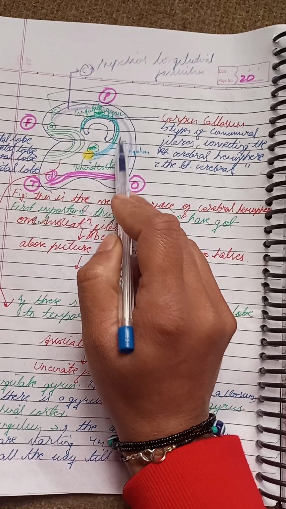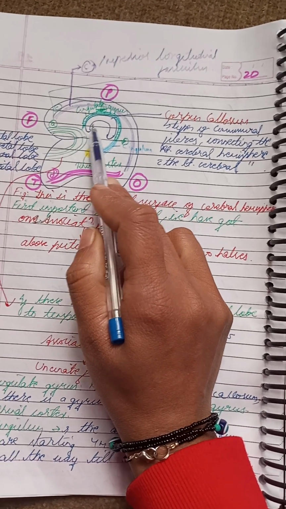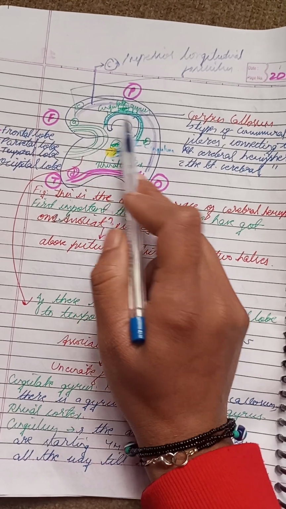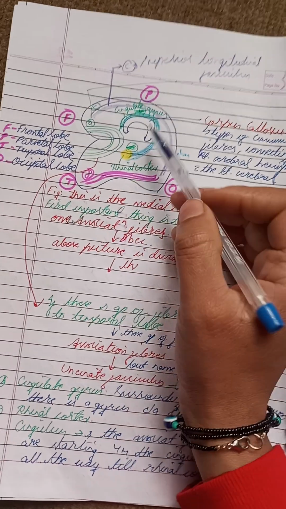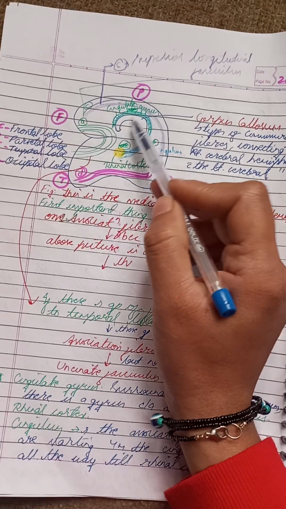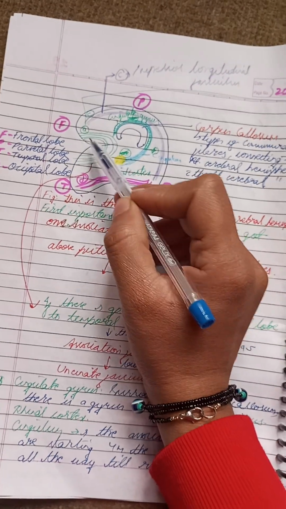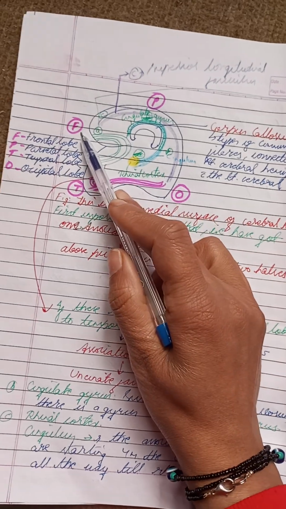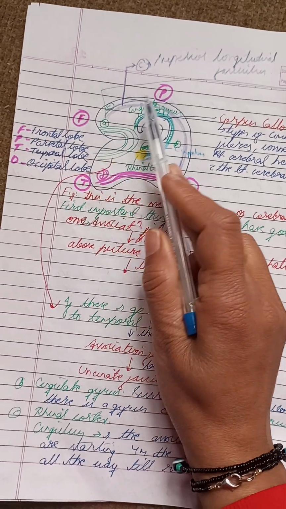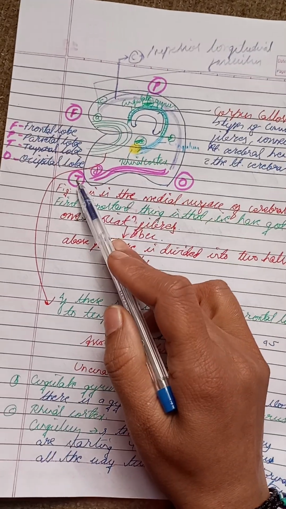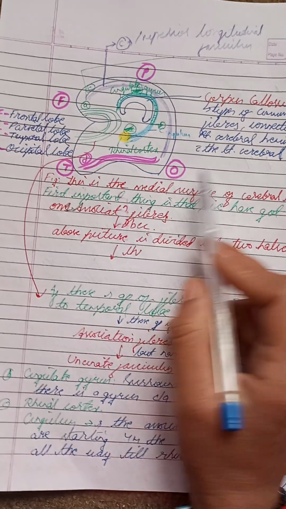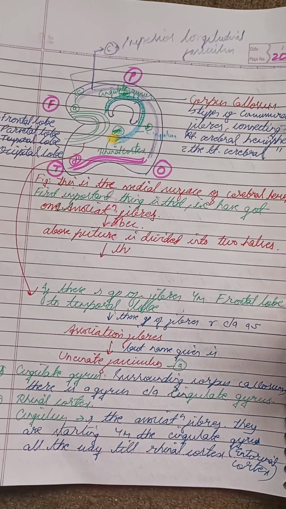If in the picture we see the corpus callosum, then this is the medial surface of the cerebral hemisphere. This is the frontal lobe, this is the parietal lobe, this is the temporal lobe, and this is the occipital lobe.